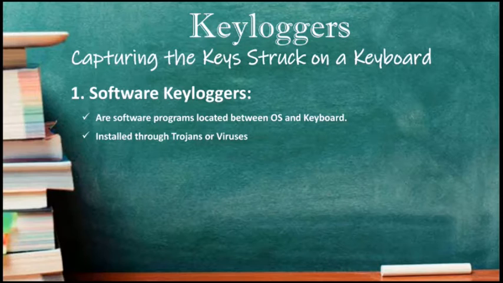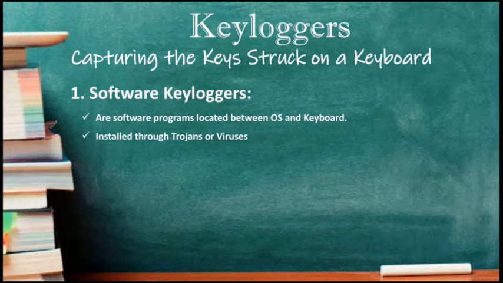Cyber criminals always install such tools on insecure computer systems available in public places like cyber cafes, libraries, etc., and can obtain the required information about the victim very easily.